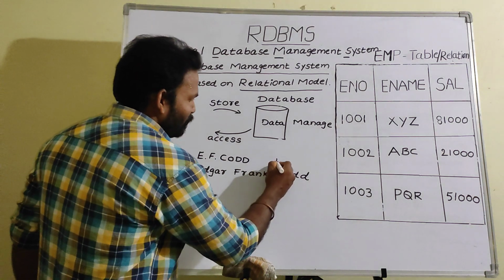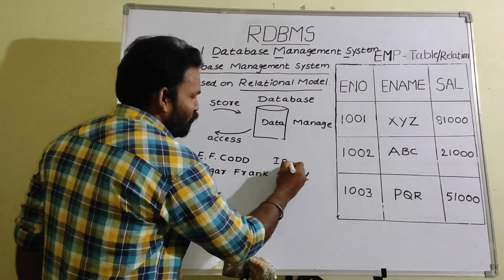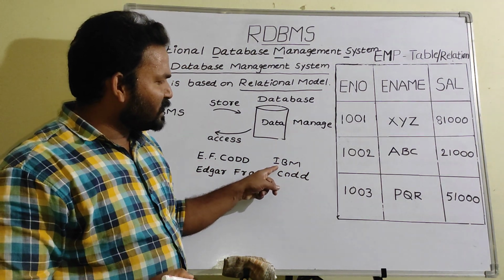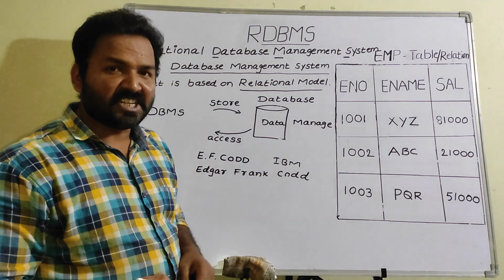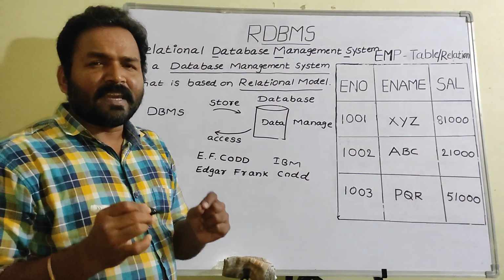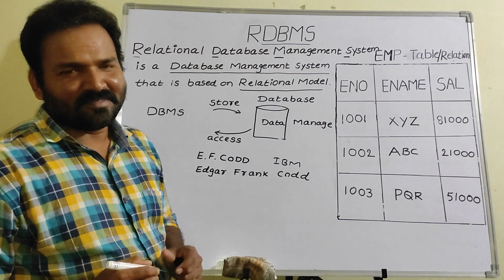Okay, IBM. What is the full form of IBM? International Business Machines. Okay, so E.F. Codd is a mathematician, right?